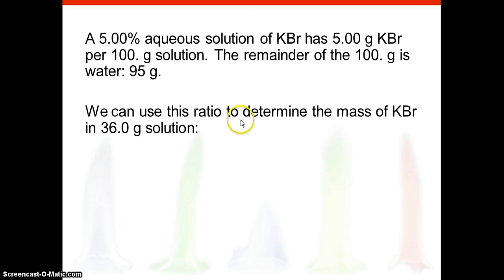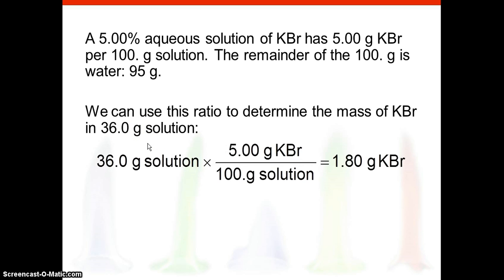Now, we know the mass of solution is 36 grams. So when we calculate 36 grams of solution times 5 grams of KBr divided by 100 grams of solution, you get 1.80 grams of KBr.